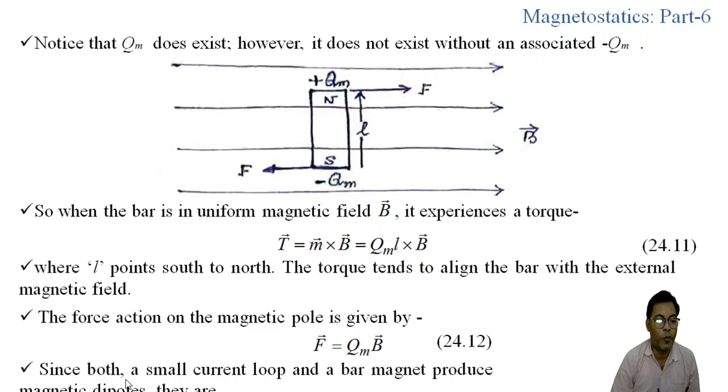Therefore, for both cases, a small current loop and a bar magnet produce magnetic dipoles. So we can say a current loop can be considered as a magnetic dipole because it has the characteristics of a magnetic bar which is having two poles.